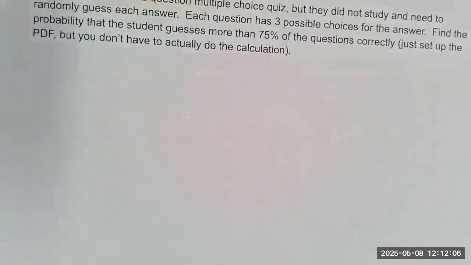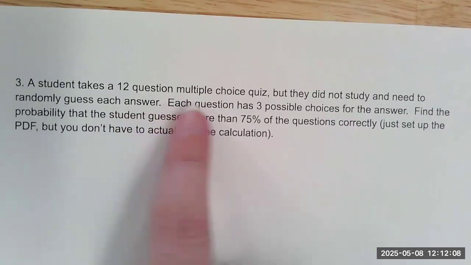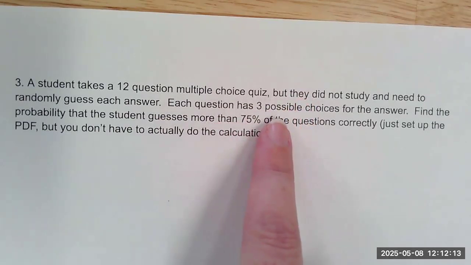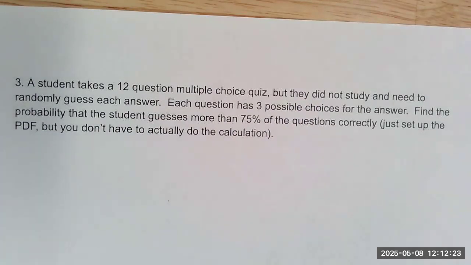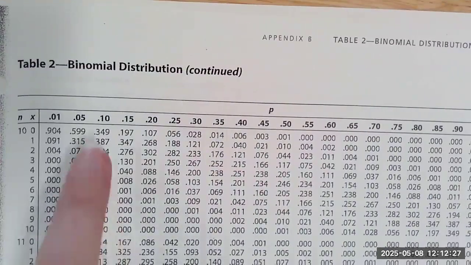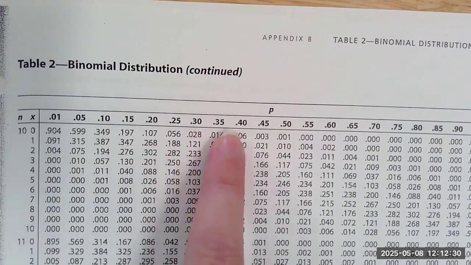For this question, each of the 12 questions had 3 possible answers. So the probability of success, if you're guessing, is 1/3, or p would be 0.333333 forever, so 0.33 is what we would be looking for. On this table, the p values are a 0.3 and a 0.35. We don't have a 0.33.